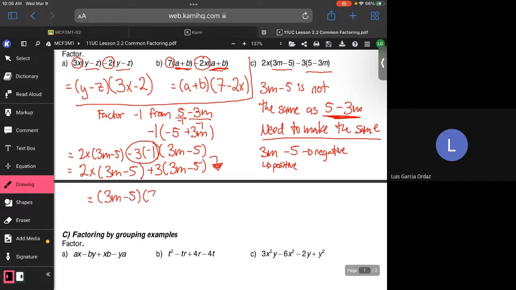Okay. So let's see if you guys can figure out another one. So I'm going to give you guys this. I want you guys to factor 2x times x minus 1 plus 2 times 1 minus x. So remember, x minus 1 and 1 minus x, they're not the same. So we have to make them the same.